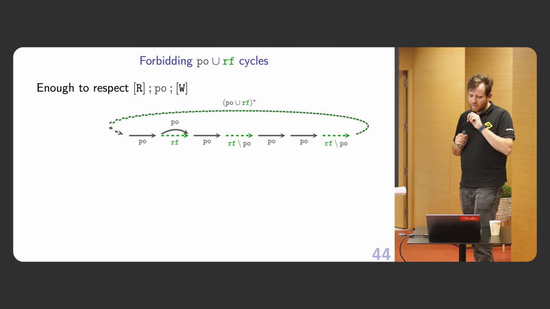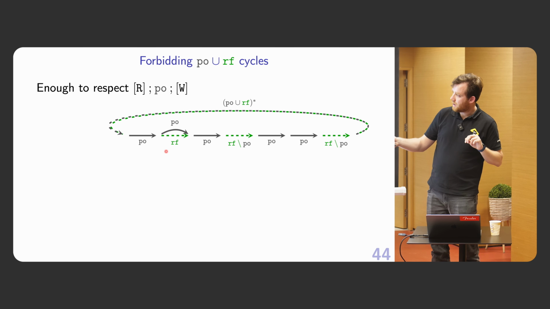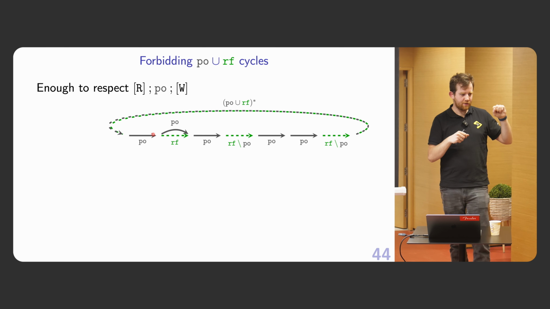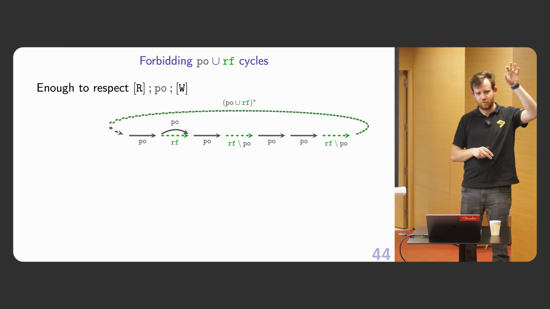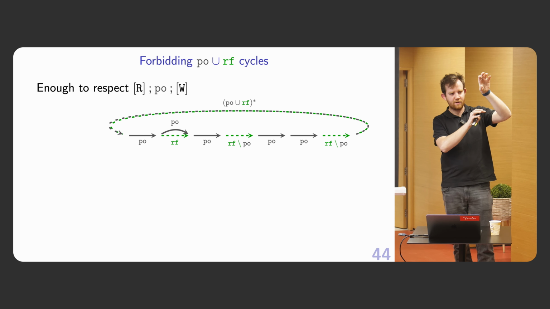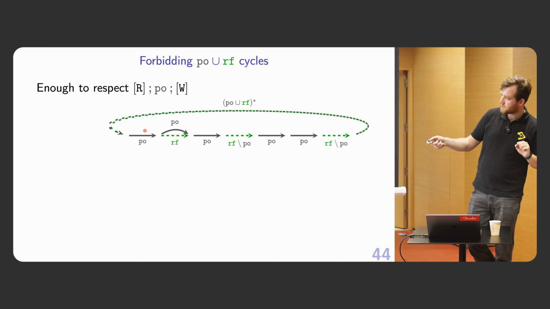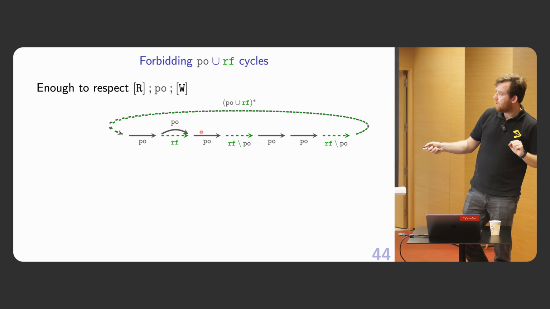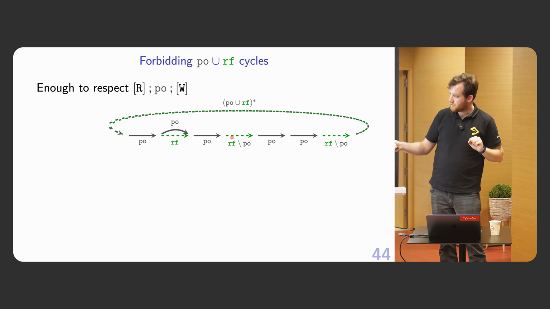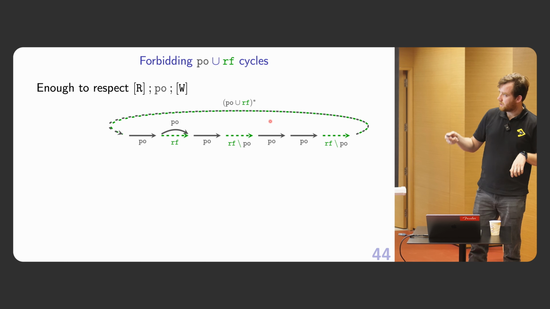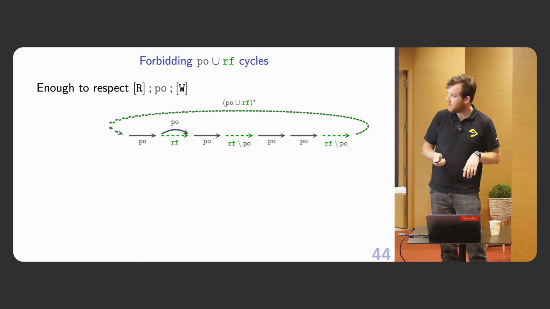So some of the RF edges also coincide with program order. If it's an internal read, for example you had a write and read in the same thread, and this read reads from this write, then this RF edge could coincide with po. Otherwise, if RF does not coincide with po, then it's essentially an RF minus po edge, or external RF edge.